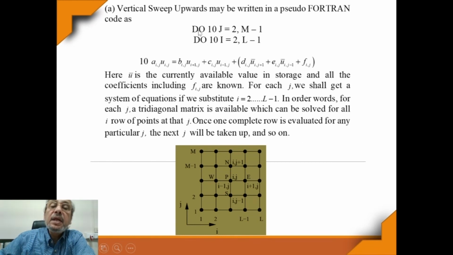Do 10, j varies from 2 to m minus 1. M is the maximum number of points, 1 to m, so we will run the loop from 2 to m minus 1. Similarly, in the other direction, it is 1 to L, so we will run 2 to L minus 1. So this do loop, j equal to 2 to m minus 1, i equal to 2 to L minus 1, and this is the algorithm.